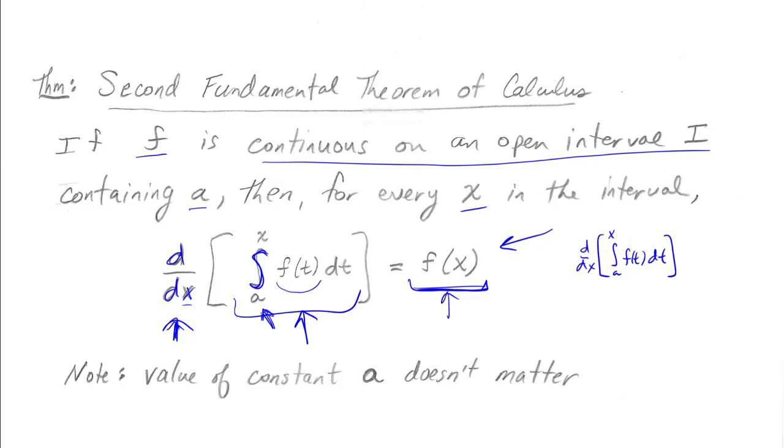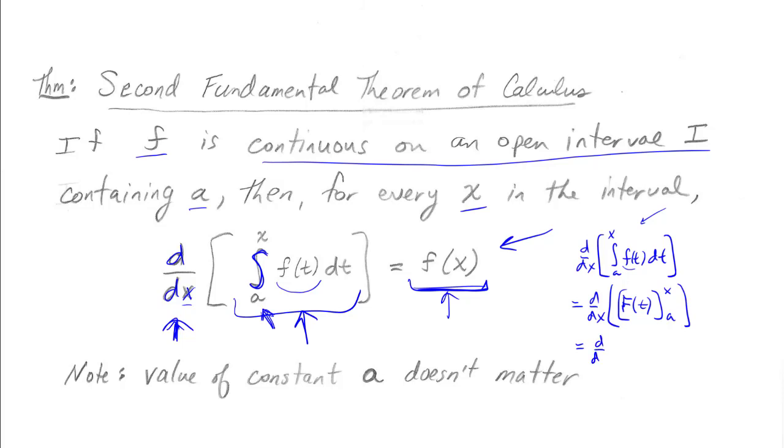Okay, well, imagine that we could integrate this integral inside, and imagine that little f has an antiderivative, capital F. Well, then we would have the derivative still outside. We would have capital F of t evaluated from a to x, right?